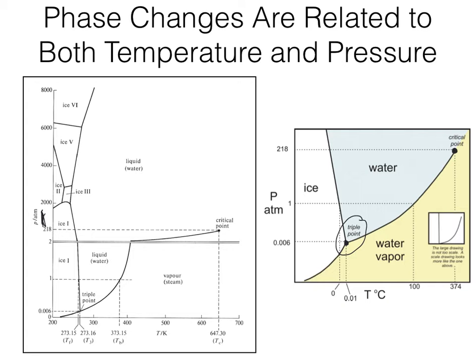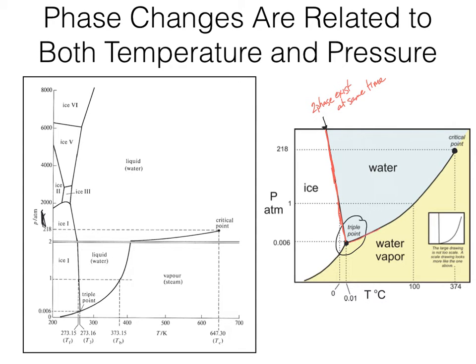When on the lines of the boundaries between phases, on these lines, this is where two phases exist at the same time. So at this boundary, we have both solid ice and liquid water can exist. And so that's the melting point.